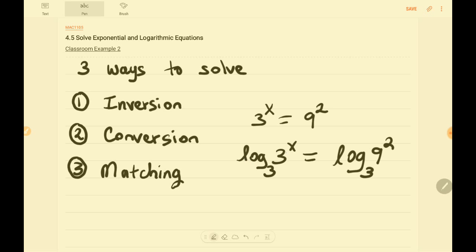So inverting the exponentiation, I guess you could call it, inverting that is taking the log of it, same base.